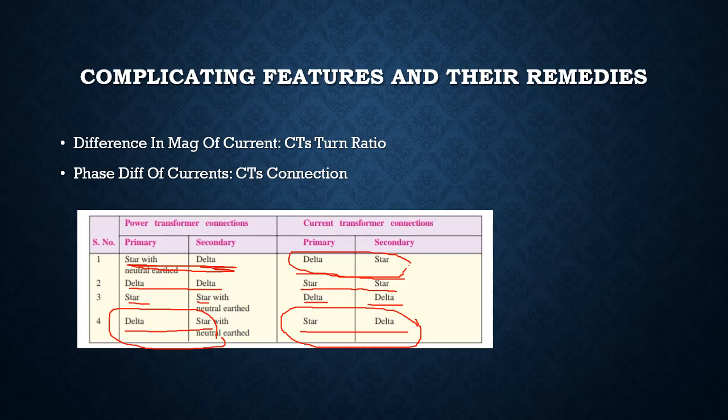So coming to the next point, here we are discussing mainly the differential protection scheme. The complicating features we generally come across while applying the differential protection scheme to a transformer have just been discussed.